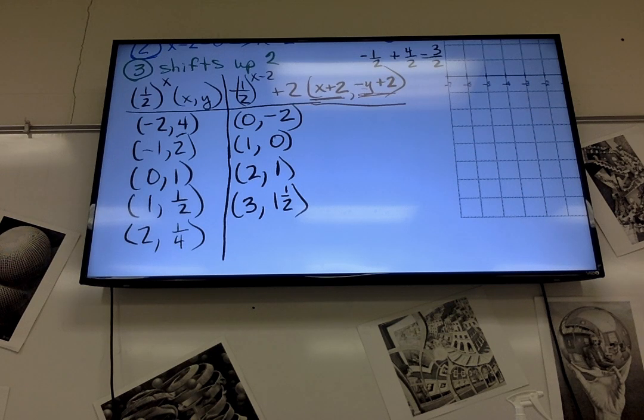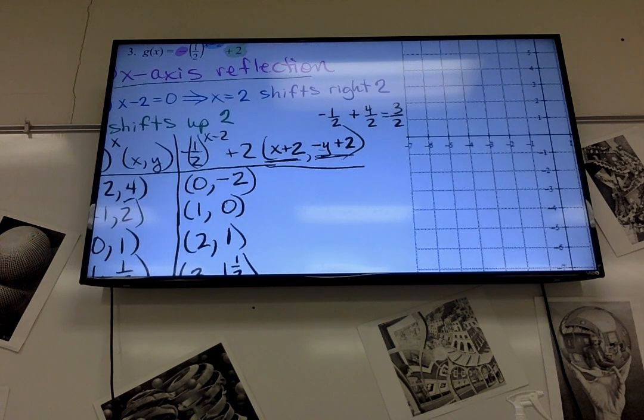Good. The x coordinate, Berkeley, 4, and the y coordinate, Cameron. 1 3/4. Very good. Questions on those? Okay, what's the horizontal asymptote, Gisela? It's 2. So it's y equals 2.